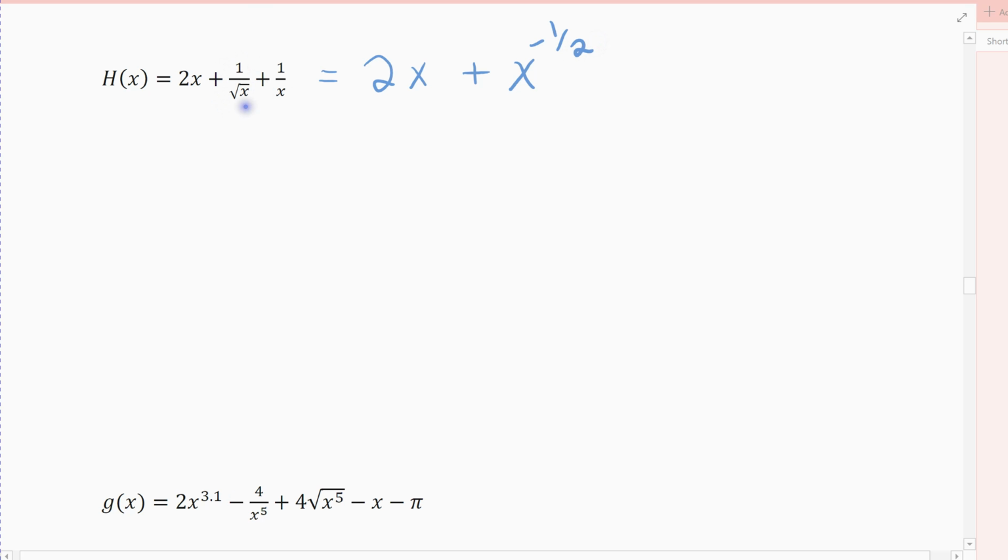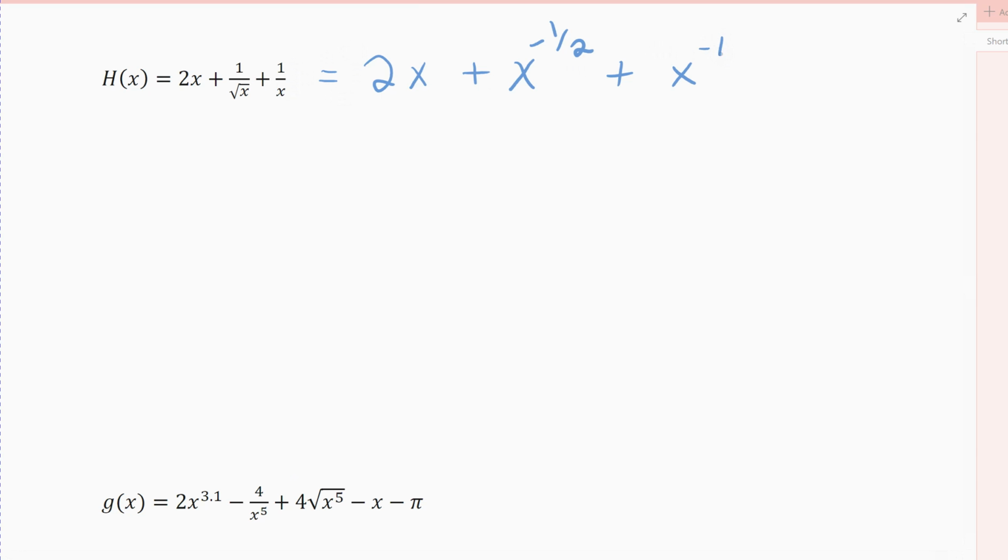That came from the fact that the square root was x to the 1/2, right? And when I move it up, it becomes a negative. The 1 over x, same thing here. I'm going to move it up, so it becomes a negative. There's an understood 1, and so when it moves up, 1 over x is exactly the same as x to the negative 1.